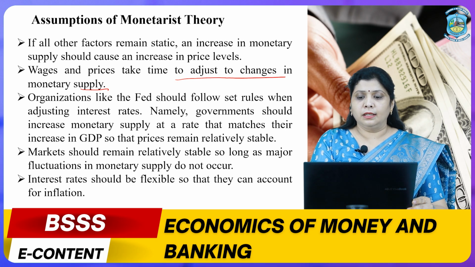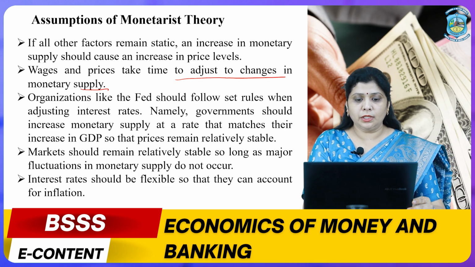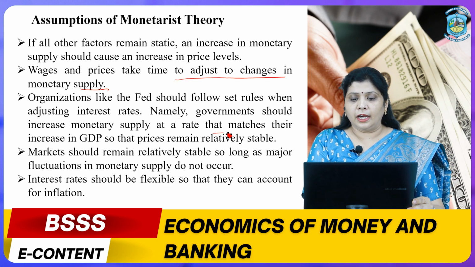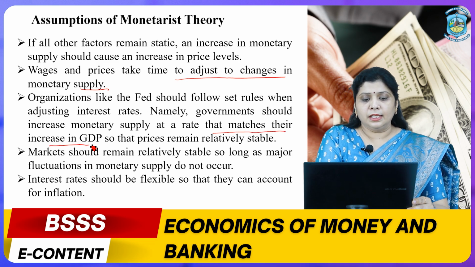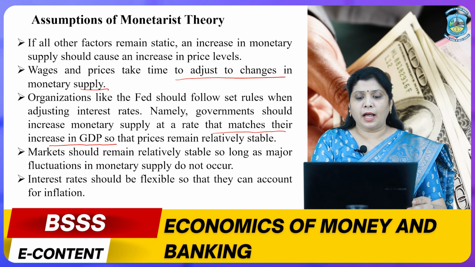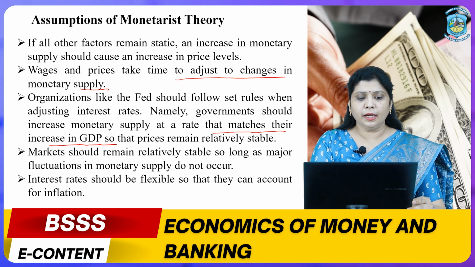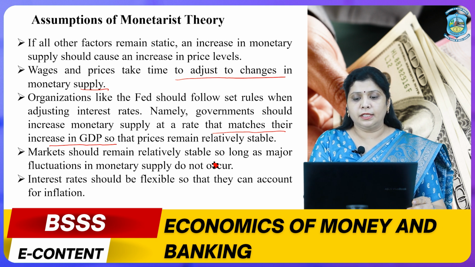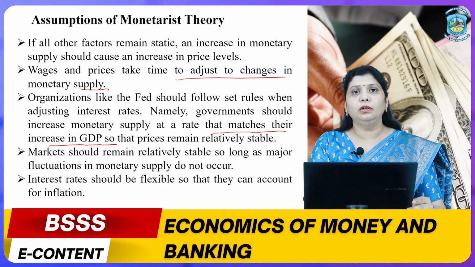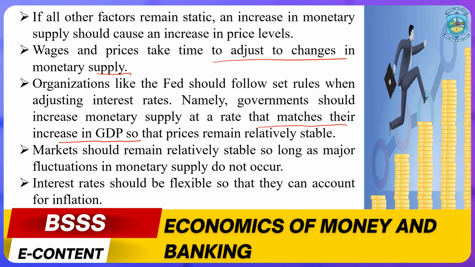Next, the government should increase money supply at a rate that matches the increase in GDP so that prices remain relatively stable. The market should remain relatively stable so long as major fluctuations of money supply do not occur, which means they control it with the help of monetary tools. Interest rates should be flexible so that they can account for inflation.